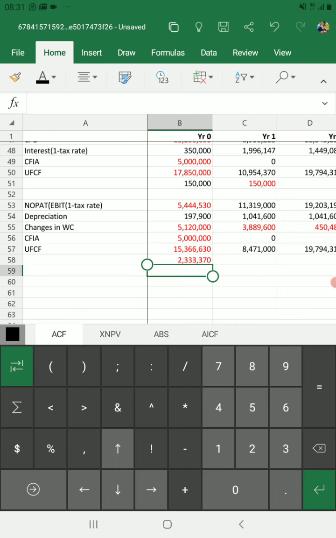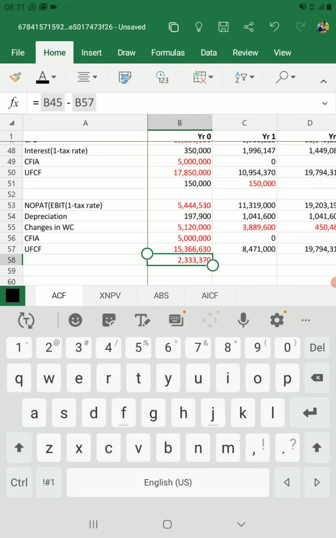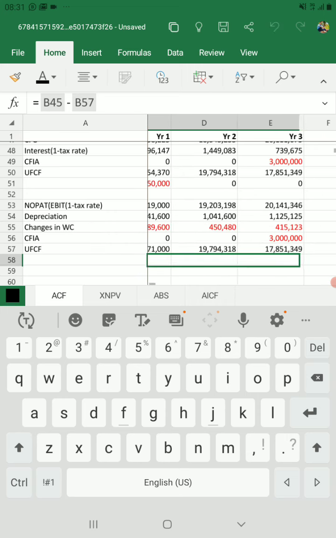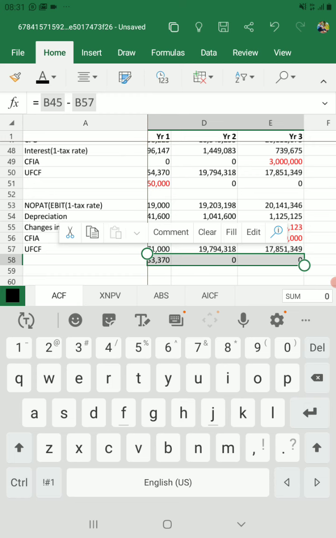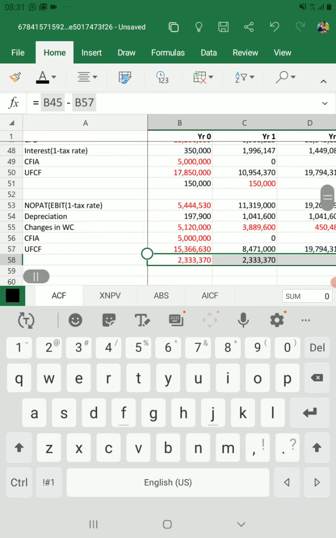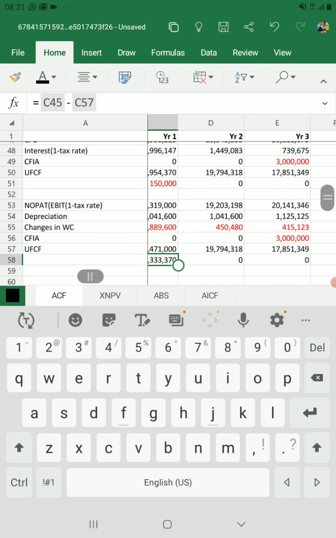Press enter. So let me fill this throughout. Again, we have seen in this approach we have a difference. This 2.3 million originated in year 0 and then reversed in year 1, but from year 2 onwards the approaches are the same between my methodology and theirs.